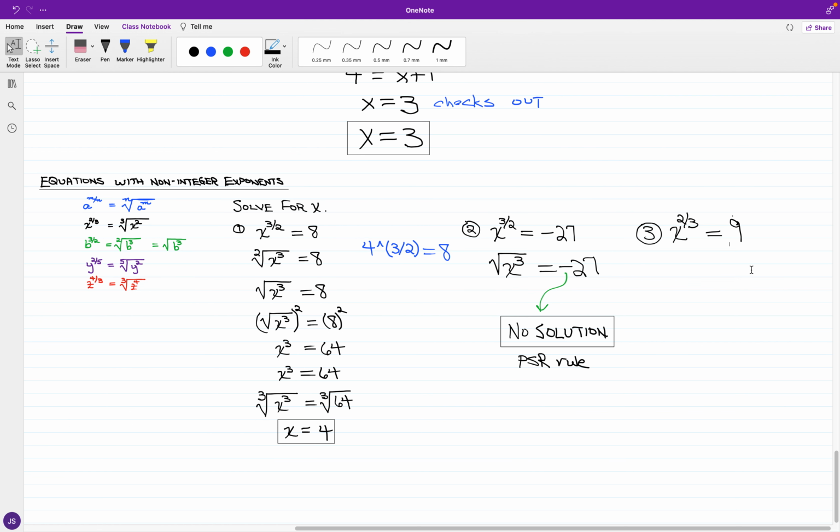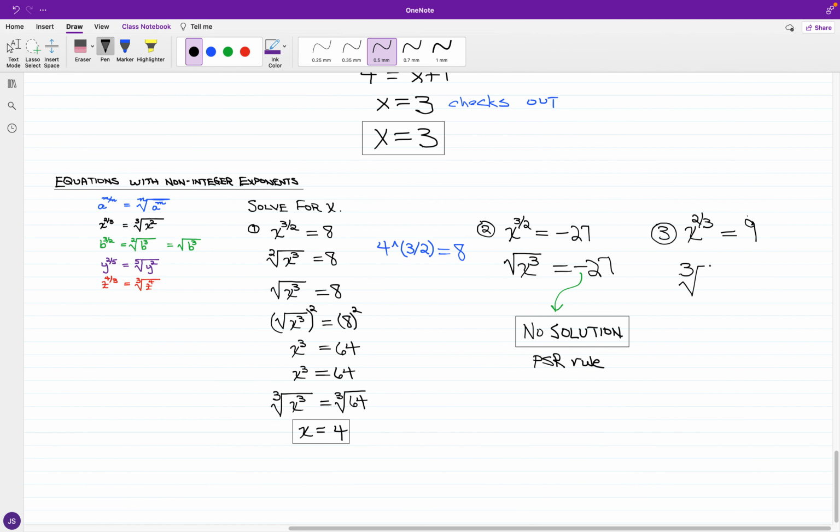Now, there are some equations with non-integer exponents where many calculators, and even some mathematical programs, will not have all the solutions on display. For x to the 2/3 equal to 9, if I translate from non-integer exponent to a radical, this time it is the cubic root of x squared equal to 9.